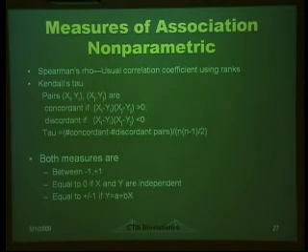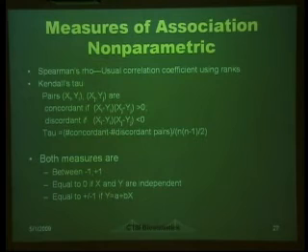A simpler measure, sometimes, is what's called Kendall's tau. It works fairly easily. We say two pairs are concordant. I have the formula here, but the basic idea is that two pairs are concordant when, for one pair, the x is bigger than y, and in the other pair, the x is also bigger than y. They're discordant if in one pair the x is bigger than y, and in the other pair the y is bigger than x.